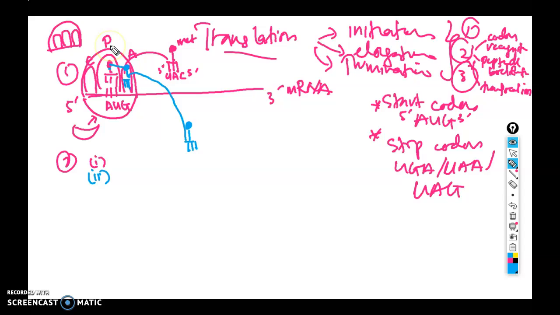This is catalyzed by peptidyl transferase. Kenapa peptidyl transferase? Peptidyl refers to the peptide bond that forms, dan transferase because the amino acid pada P site ni akan ditransfer kepada A site. So dia akan bagi kepada tRNA yang ada pada A site.